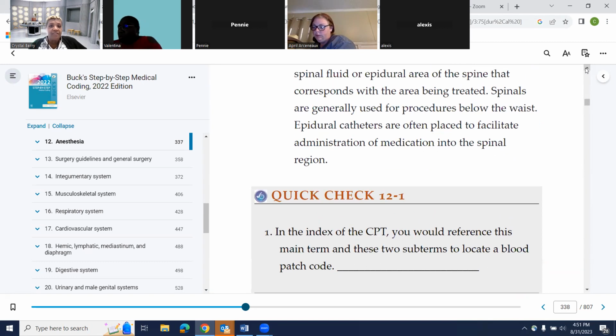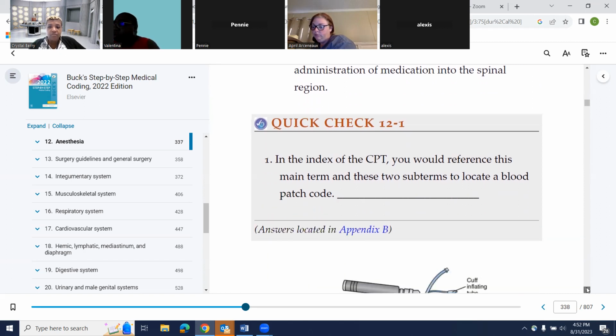In the index of the CPT, you would reference this main term and these two subterms to locate a blood patch code. Does anyone know those answers right now? We just went through it. So make sure that you read that section, read your PowerPoint slides to get that information for that answer.